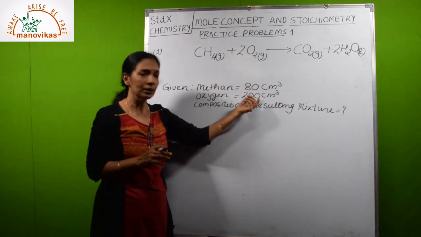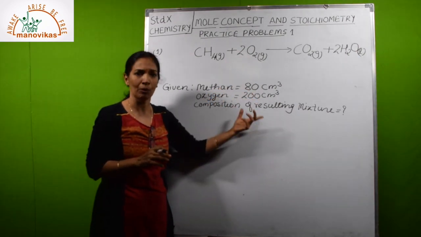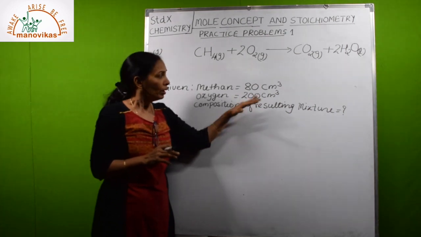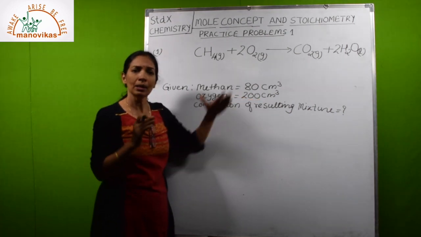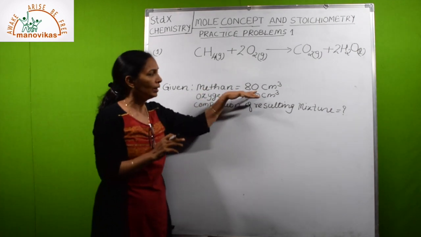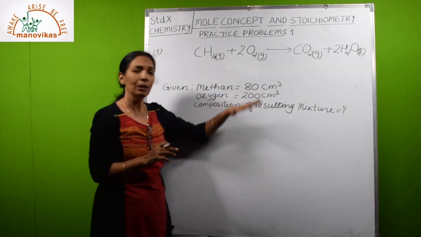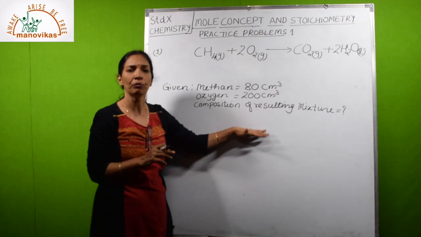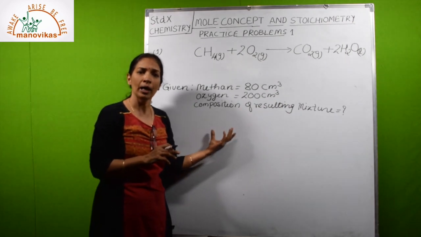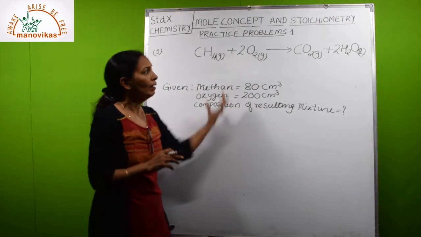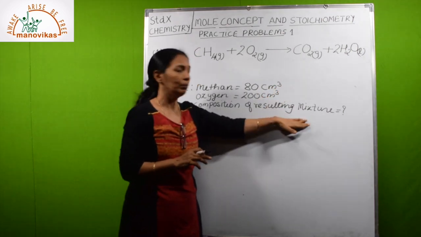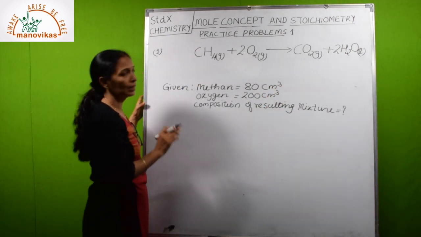So the amount of oxygen given is more than required. Okay. So out of this 200, some amount will be used by this 80 cubic centimeter of methane and the remaining will be left, which we have to find. So the leftover or unused oxygen and the produced carbon dioxide will be the resulting mixture. So let us solve this sum.